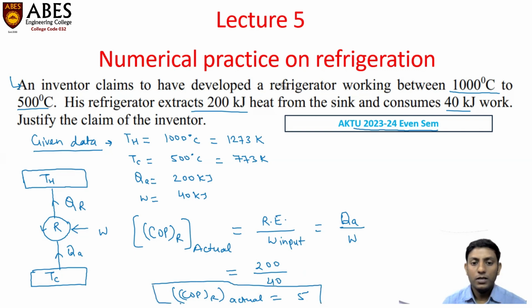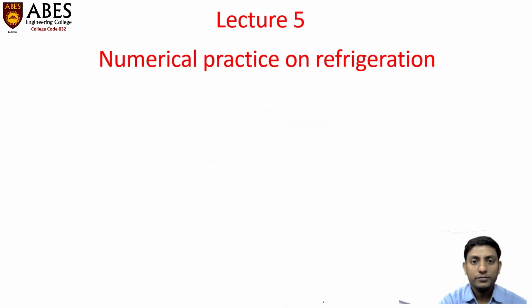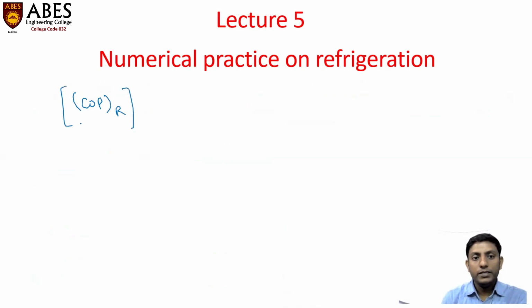Now, if the same system works on reverse Carnot cycle, the COP of the same refrigerator when it is working on Carnot would be equal to cooler temperature divided by TH minus TC.